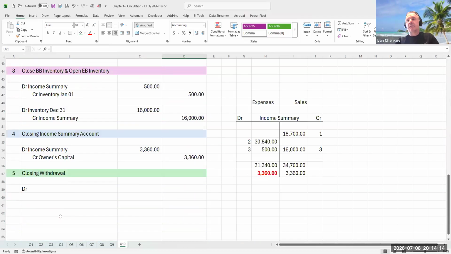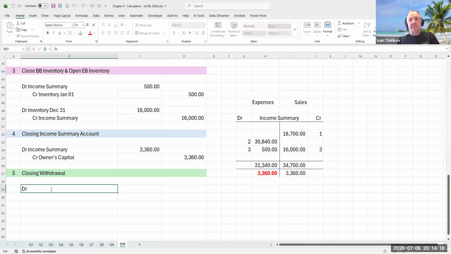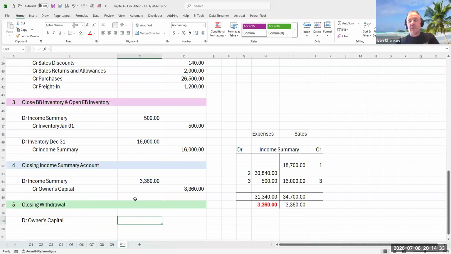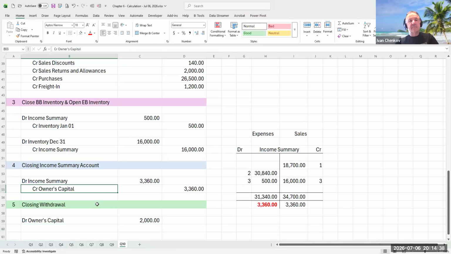So we're gonna debit capital with $2,000, correct? $2,000, and we're gonna credit. Which account are we gonna credit?